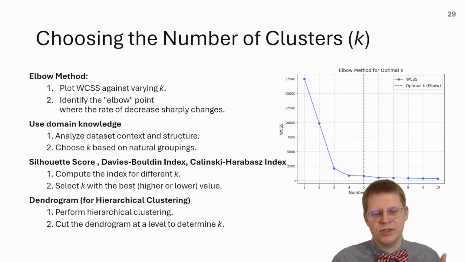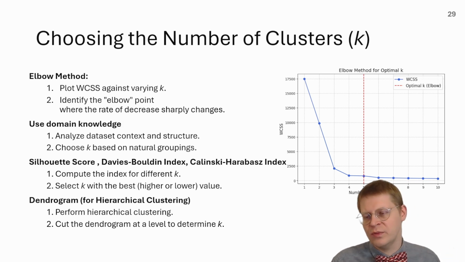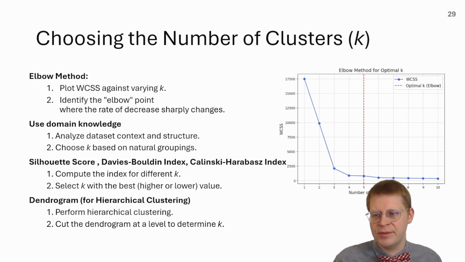And the two other metrics also provide some insights. Select the K value where the metrics are optimal. One of the ways also is to use a dendrogram. No single method is perfect, so use a combination of these techniques to cross-validate the choice of K, ensuring it aligns with both data-driven metrics and your domain expertise.